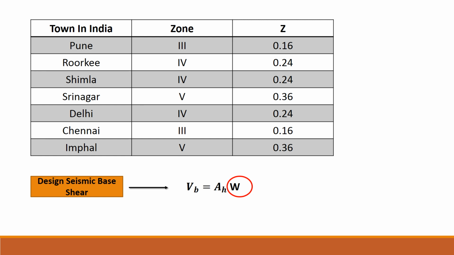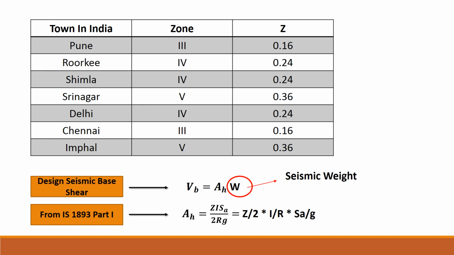Now, we know from the earlier lecture that the design seismic base shear for a multistory building could be determined from VB is equal to AH into W. W here is the seismic weight, and that will be defined later on. AH is the seismic coefficient that we have defined in the earlier lecture, wherein AH was equal to Z by 2 into I by R into SA by G.